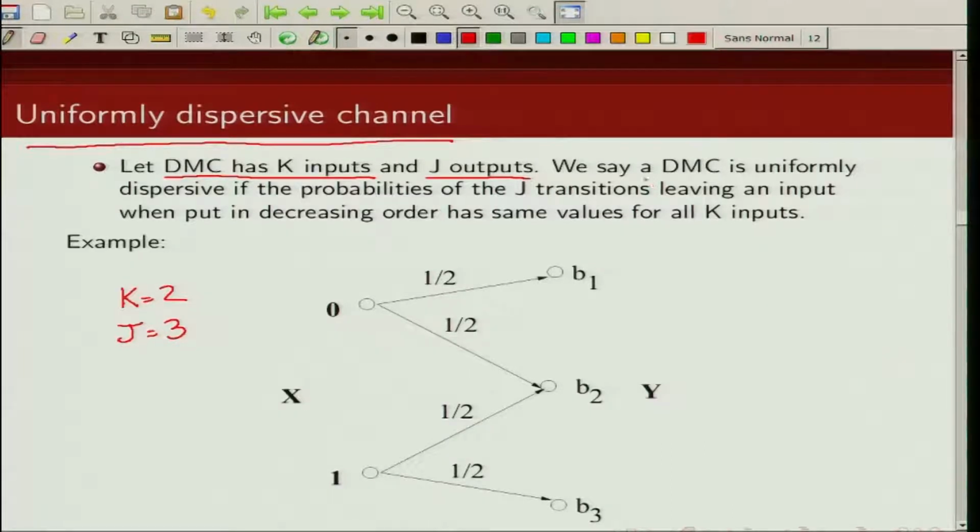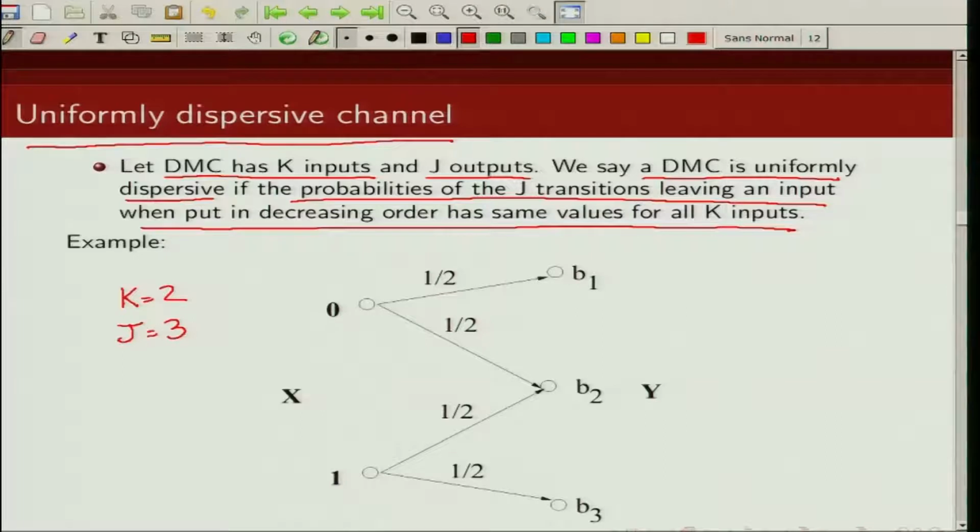We say a discrete memoryless channel is uniformly dispersive if the probabilities of the j transitions leaving an input, when put in descending order, have the same values for all k inputs.